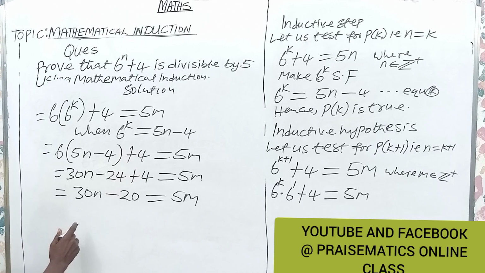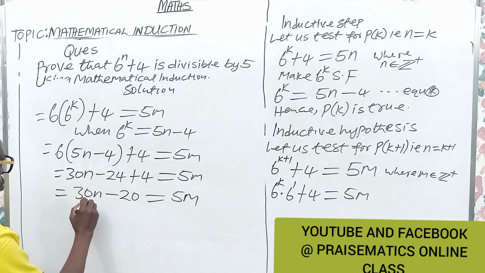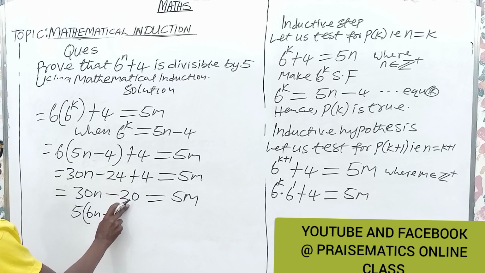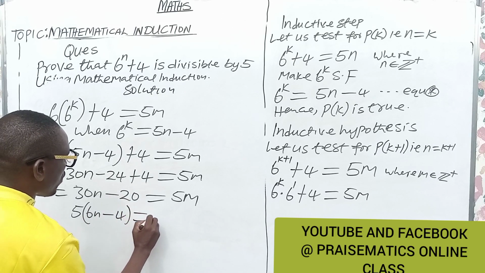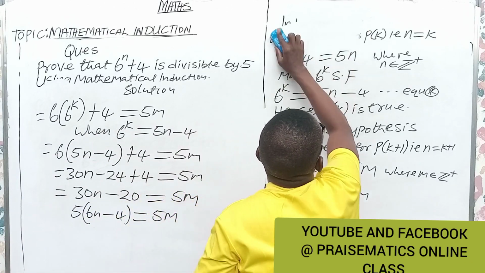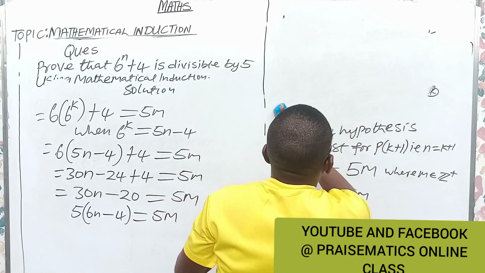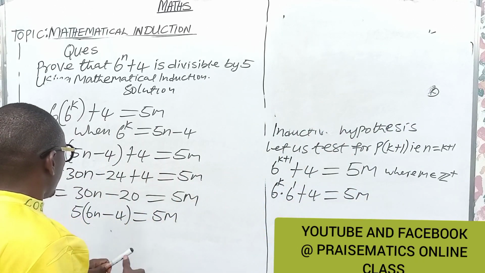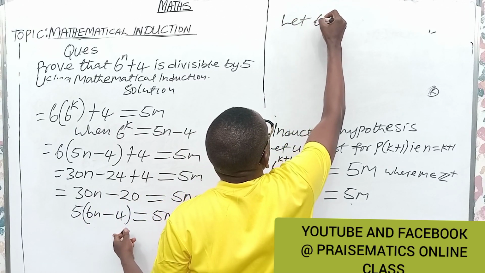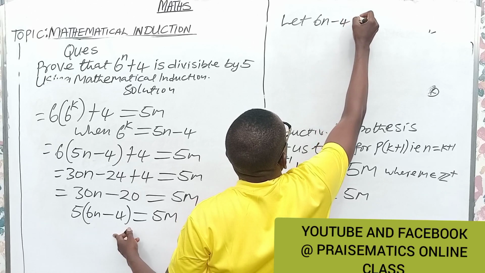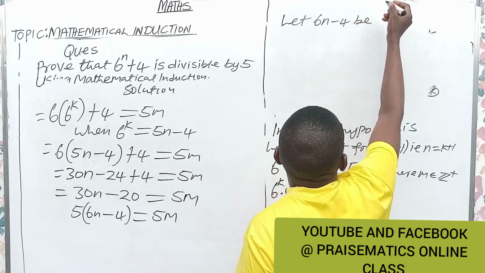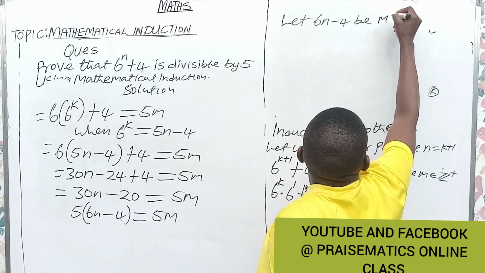Now what do we have here? We have something in common here. Let's look at 5 into 6n minus 4. What's 5 times what will give you 20? Is it divisible by 5m? Okay, finally, let's see it here. Having looked at this, we can say let 6n minus 4 be m.